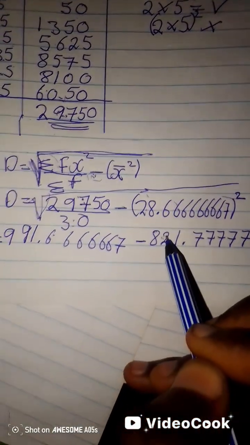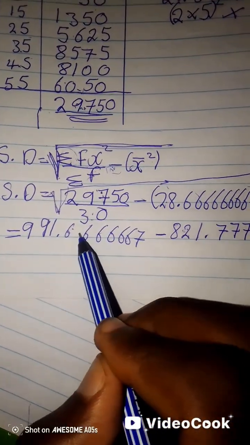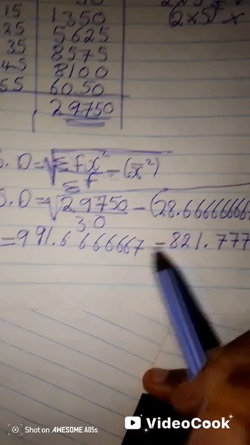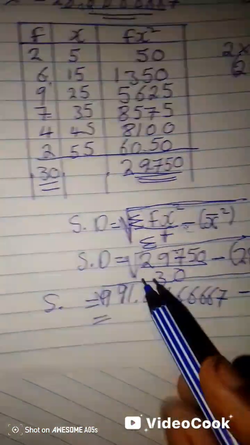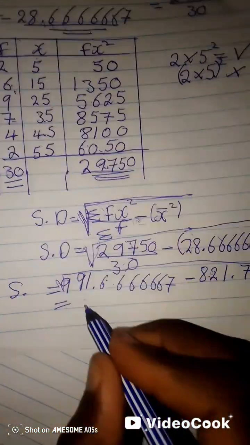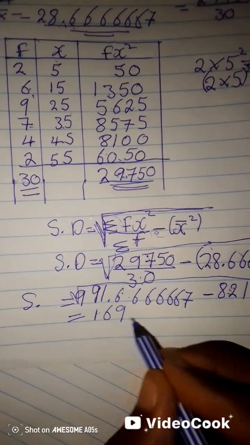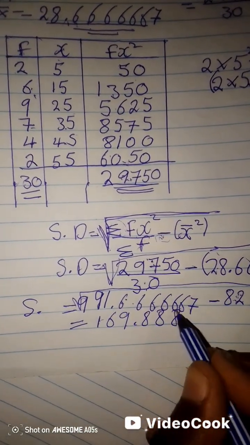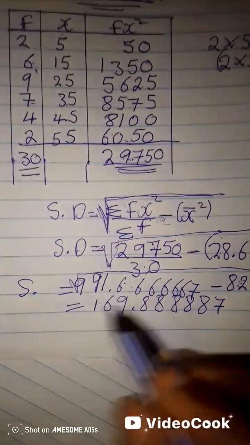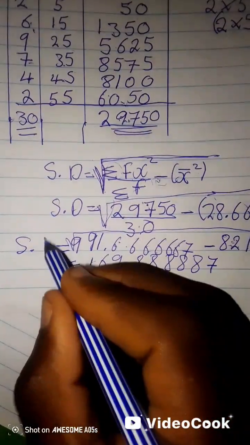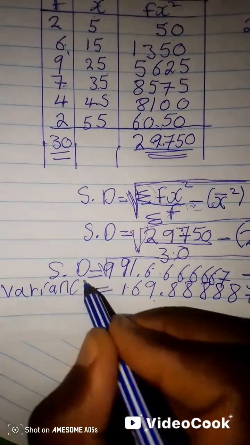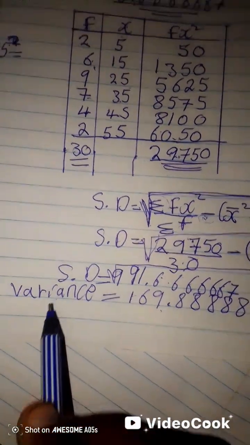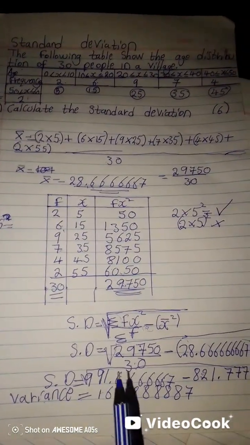You are obtaining this one. After obtaining this, you subtract this from this, and you are getting, when you subtract, it is now the variance. When they ask you to calculate the variance, stop here, but the question is saying calculate the standard deviation.